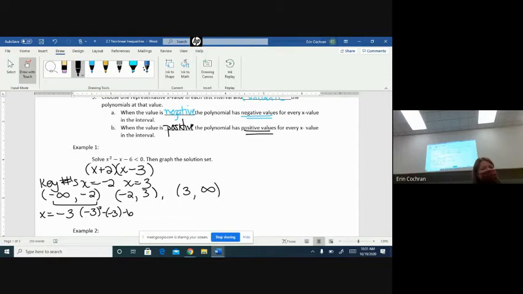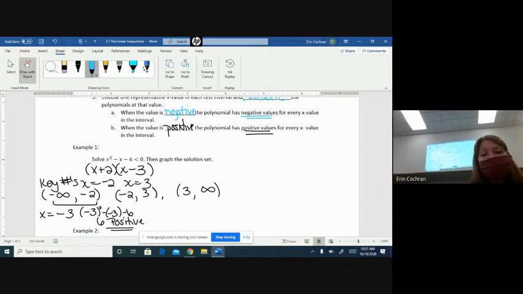I get 6. So we know this is positive, so all my numbers in this interval are going to be positive.